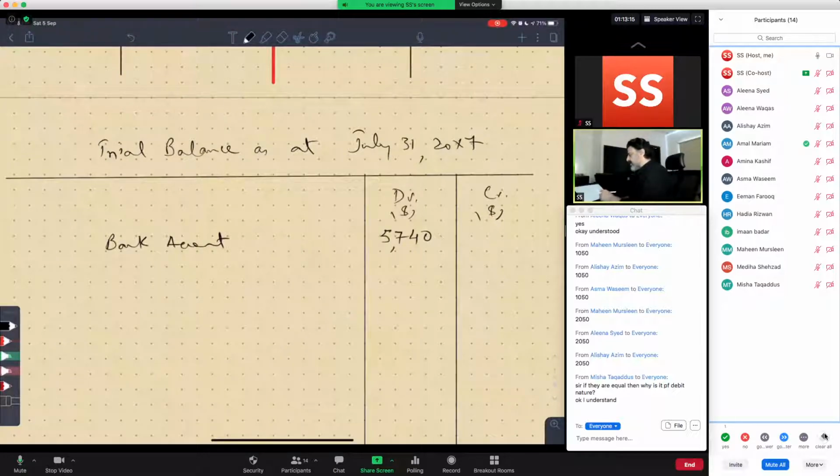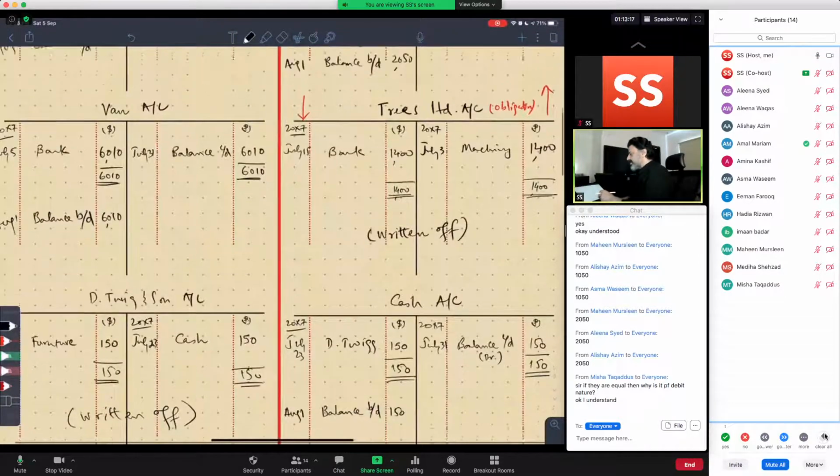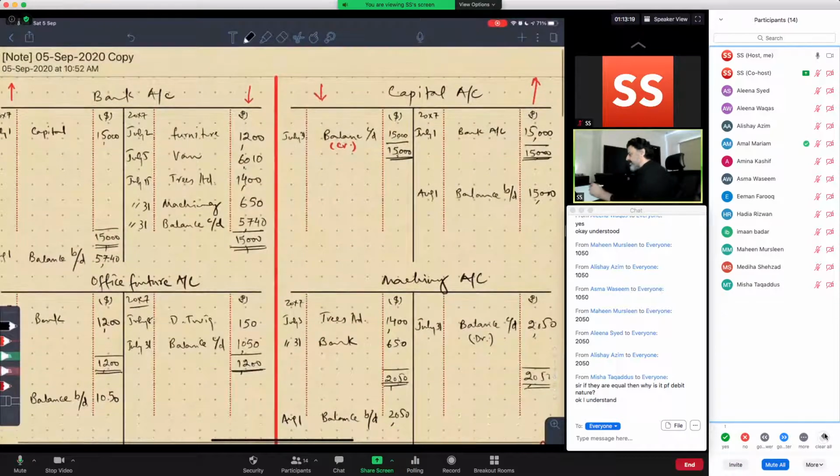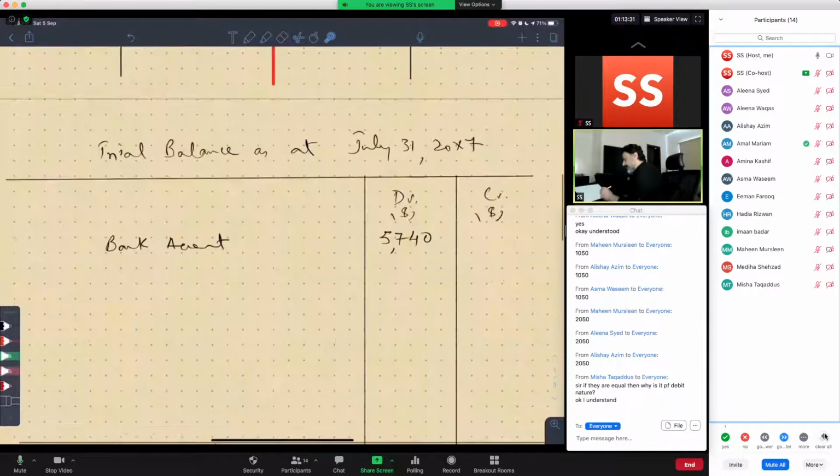The next account is capital account, and the capital account has a credit balance, which was brought forward to the credit side just to provide for additional evidence. This is a credit balance, right? So we are going to list down the capital account with a credit balance of $15,000, right?